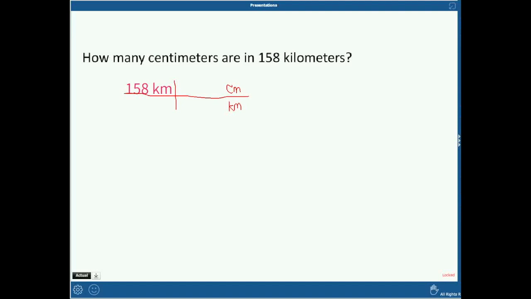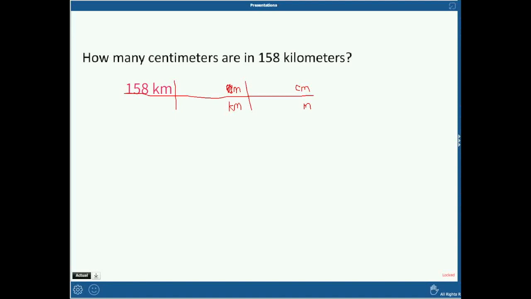Now I don't like to go straight from kilometers to centimeters. A lot of people do. They can, and that's fine. I actually like to go from kilometers to meters, and then do one more step and do meters to centimeters. It's one extra step, but I feel like you're a lot less likely to make mistakes this way.